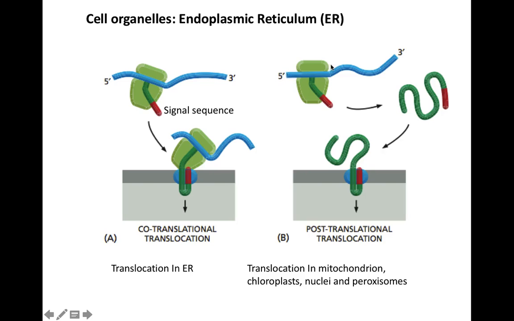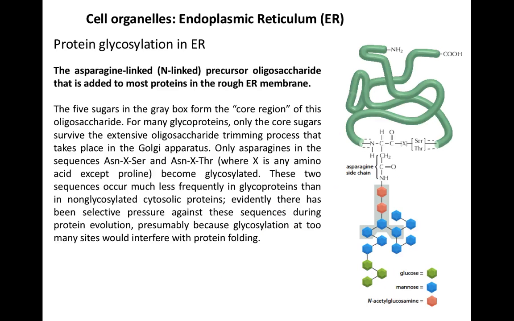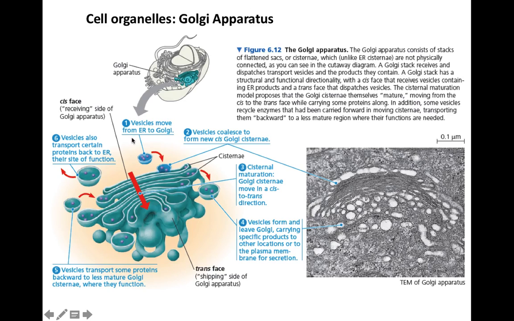The genes are transcribed, the mRNA is translated into the protein, and the protein is translocated into the endoplasmic reticulum, and from the endoplasmic reticulum it is sent to the Golgi apparatus here. So they're produced in the ER, and from the ER they go into the Golgi apparatus.